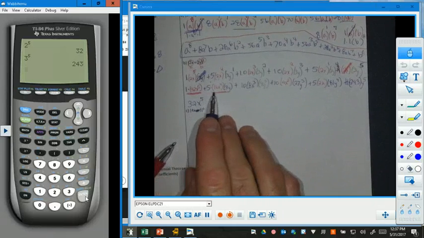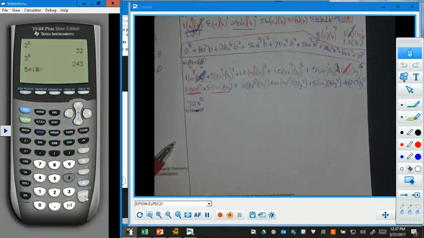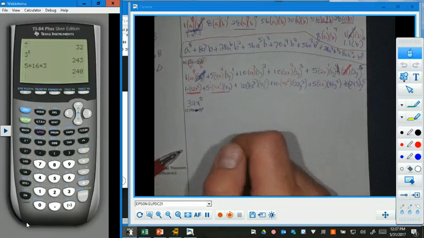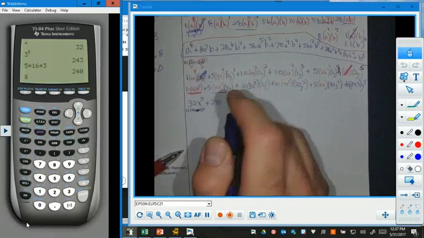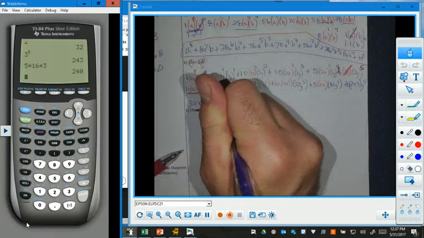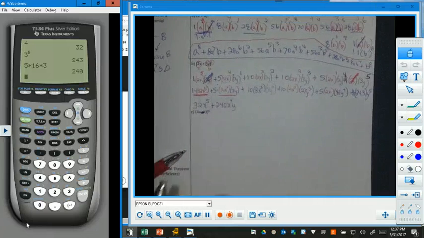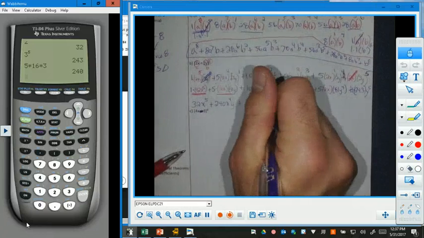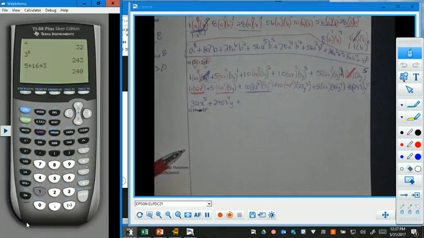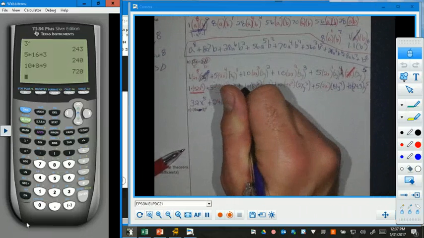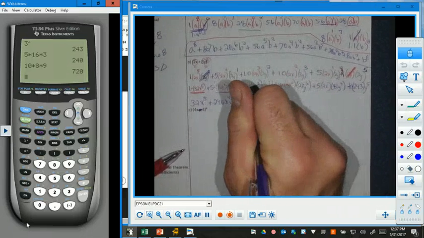Here I have 5 times 16 times 3, which is 240. So plus 240 x to the 4th y to the 1st. Now I'm going to put those in. I have 10 times 8 times 9, which is 720, x cubed y to the 2nd.